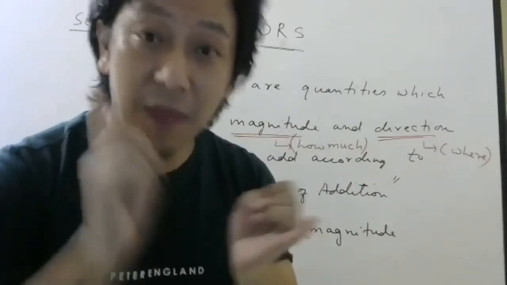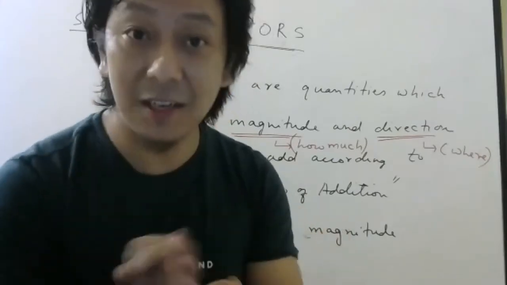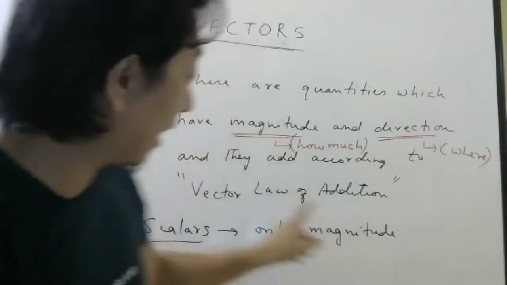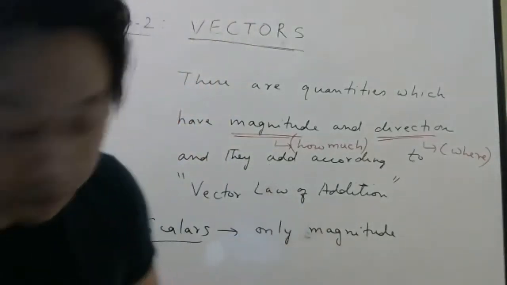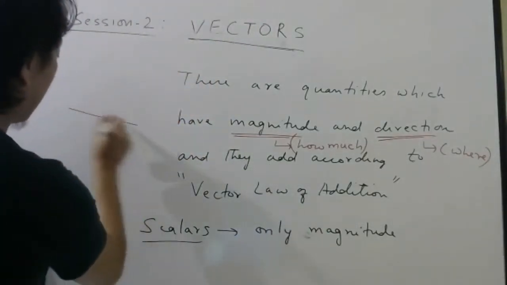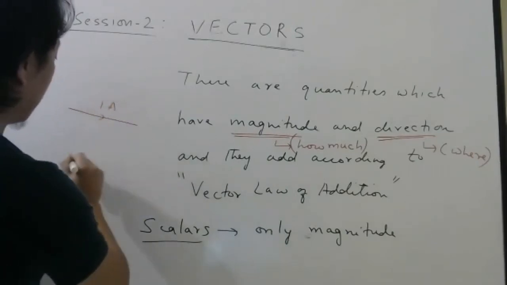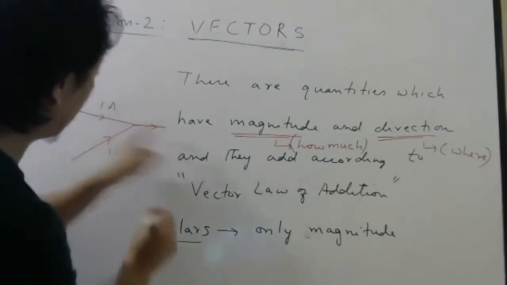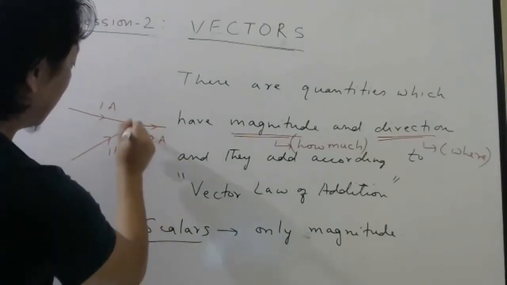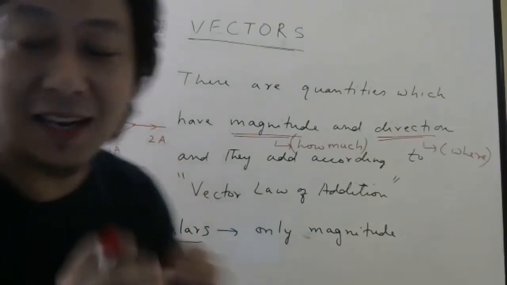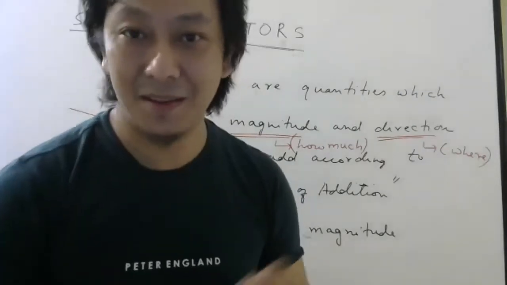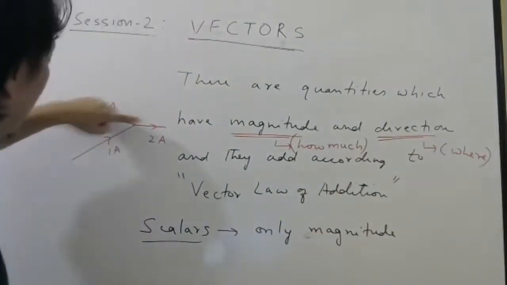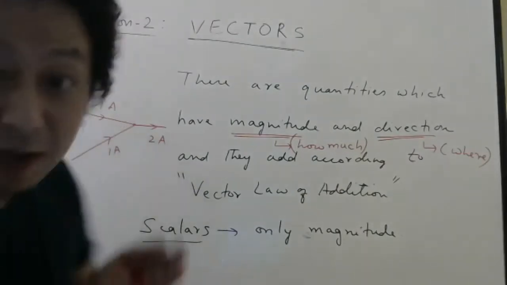So current has magnitude, current has direction, but still it is not a vector because it doesn't add according to this law. Meaning, imagine from this wire, 1 ampere current is coming. In this wire, 1 ampere current is coming. Total current here will be 2 ampere. It will be exactly like we did for mass. 5 kg, 5 kg, total is 10 kg. So 1 ampere coming like this, 1 ampere coming like this in a wire.